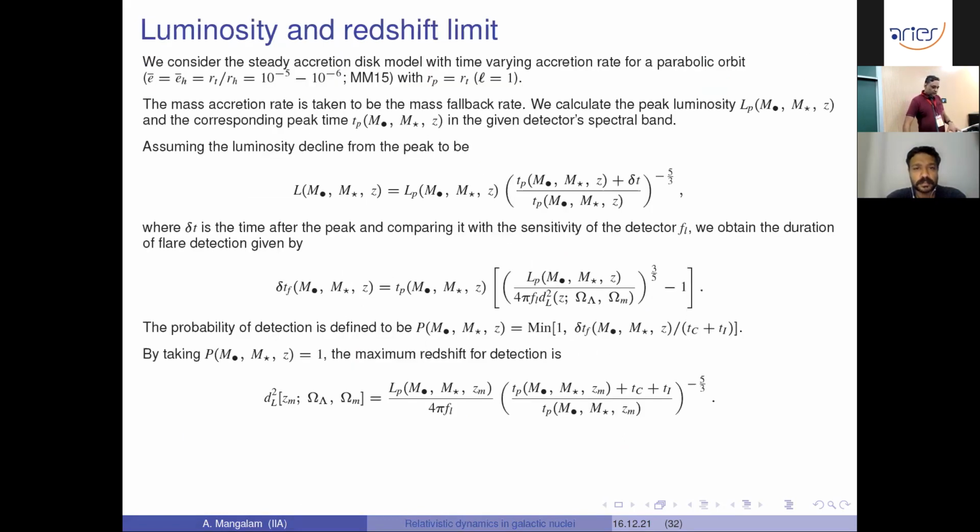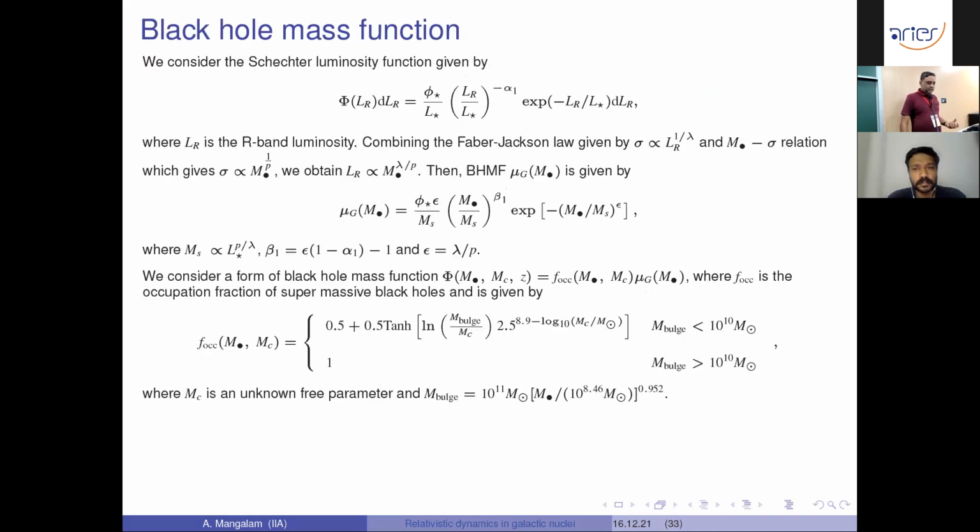So this is in the details of the luminosity and how the accretion affects it. There's cadence. There are the survey parameters. Using that, we can calculate the expected number of events that you would see in the entire sky.